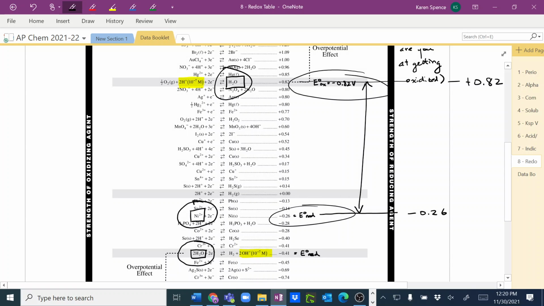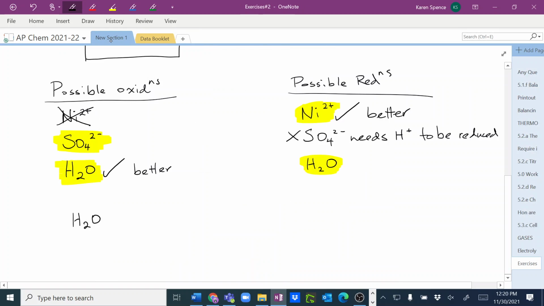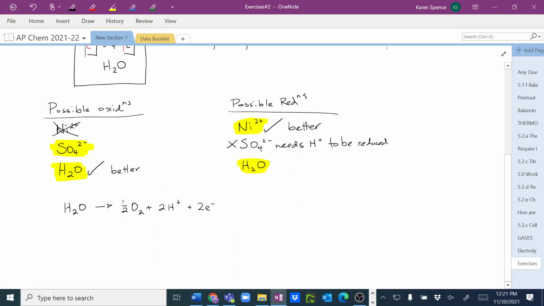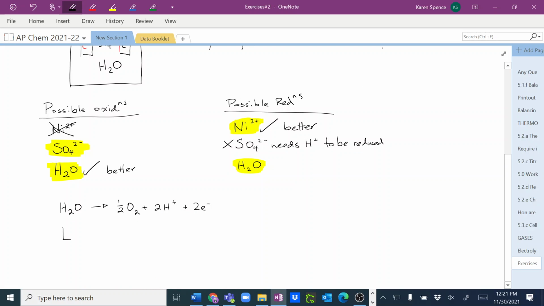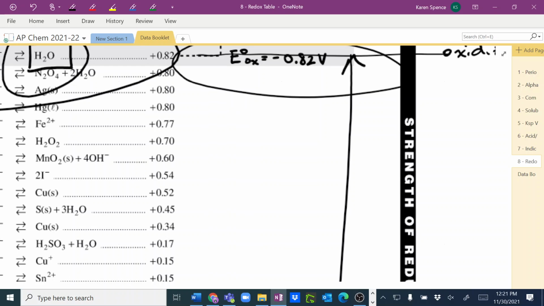Oxidation of water is H2O goes to 1/2 O2 plus 2H+ plus 2 electrons. Just copying it right off of that. And our oxidation potential for that was negative 0.82 volts.